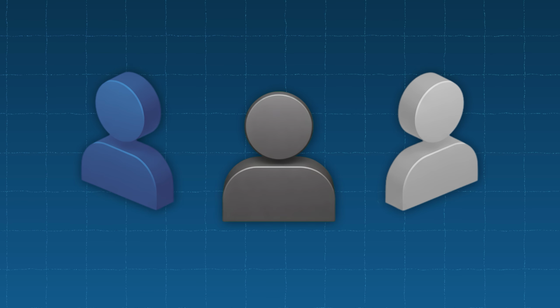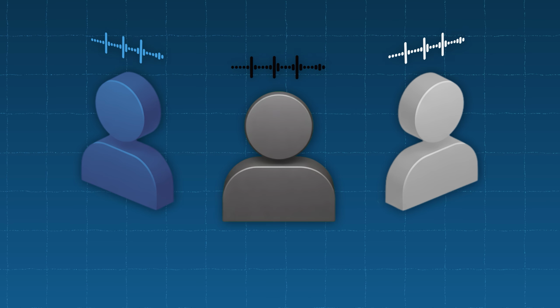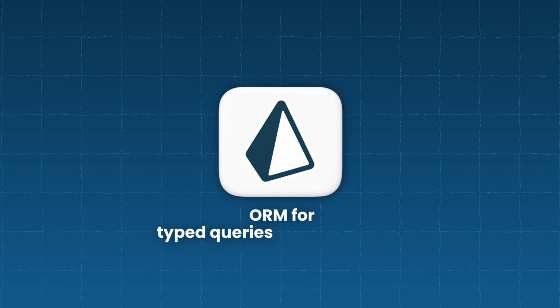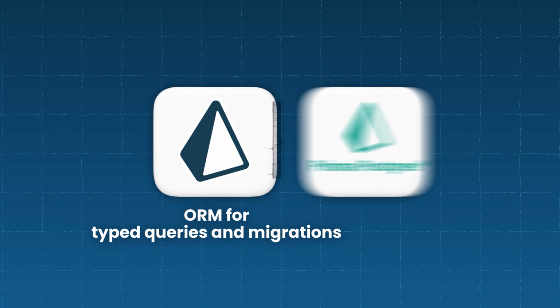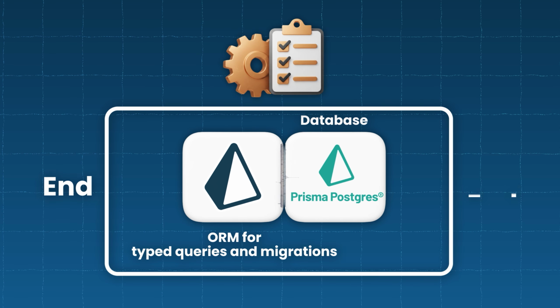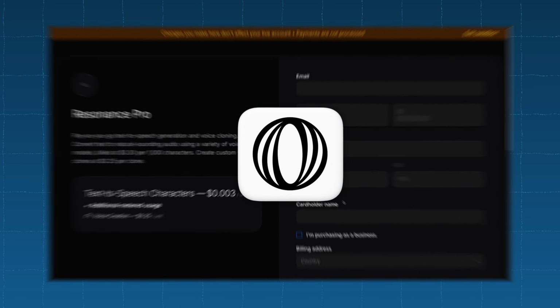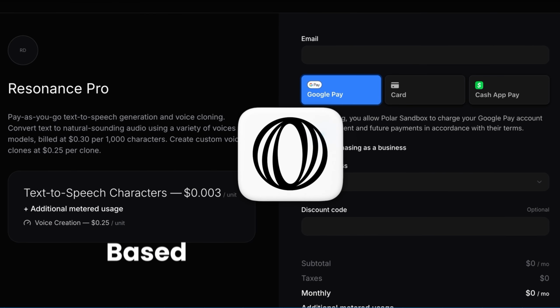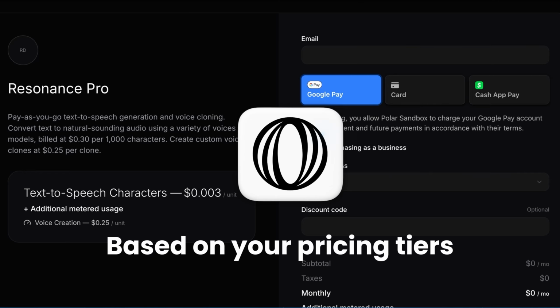Each organization gets its own isolated voices and usage. Prisma handles the data layer, the ORM for typed queries and migrations, paired with Prisma Postgres as the database for an optimized end-to-end experience. Polar tracks every generation and bills each organization based on your pricing tiers.